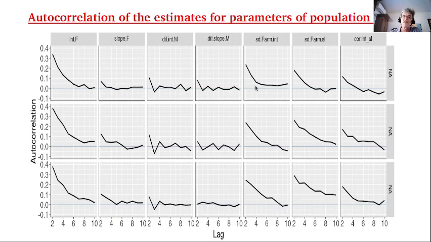So we can also assess the autocorrelation of the estimates only for the main parameters of the models, and we see that perhaps with the exceptions of the intercept of the reference sex, and for these standard deviations at the group level, by and large we have a large number of statistically independent values sampled in each of the chains.